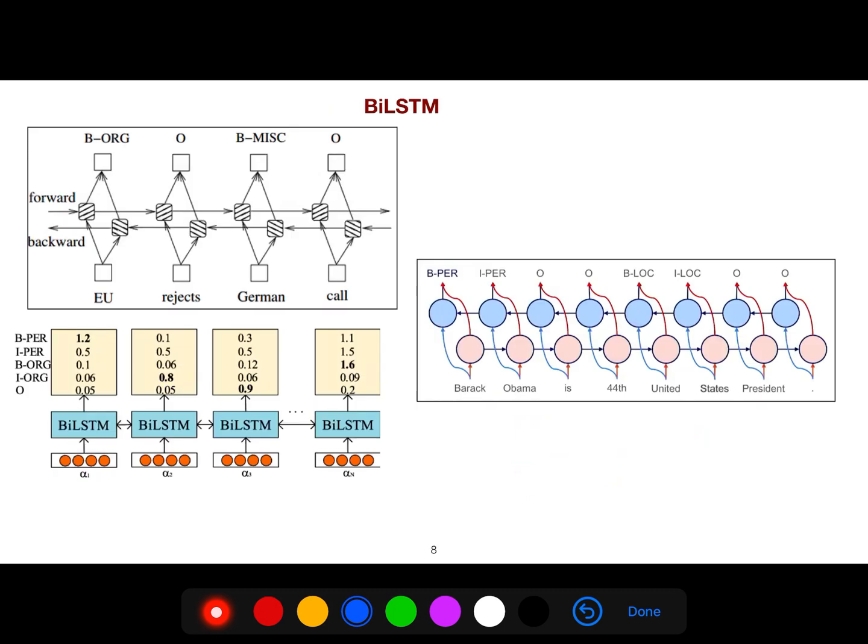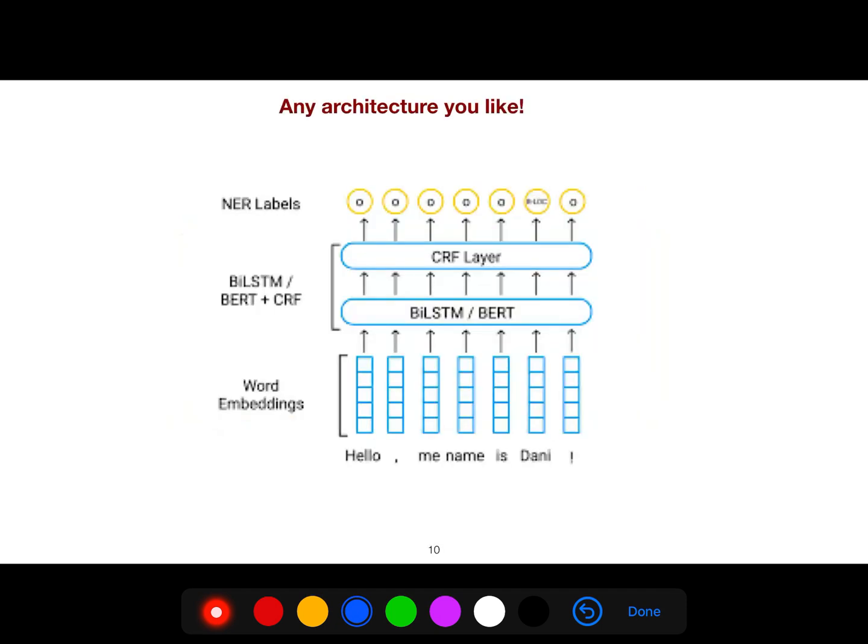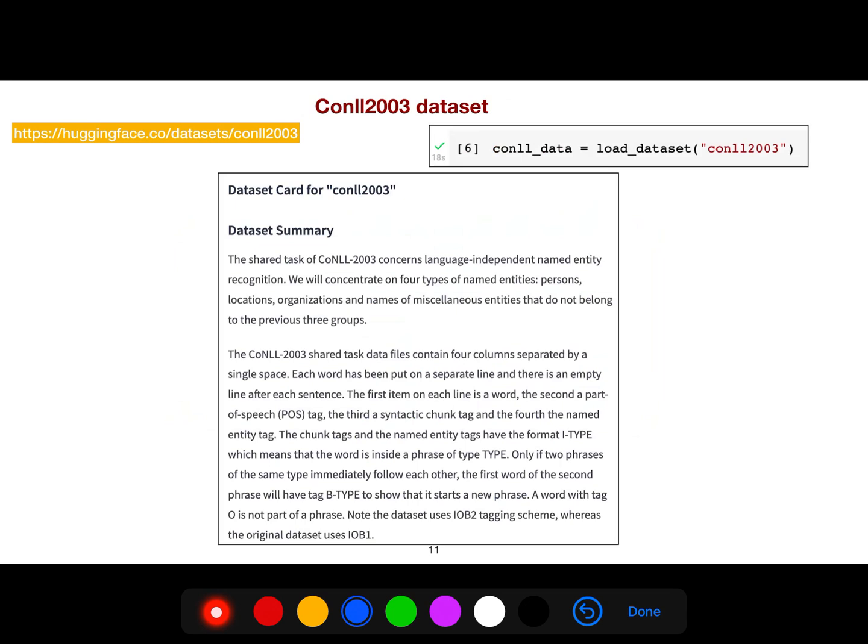And BiLSTM is a modern approach. So here we give it to the BiLSTM, and it provides these entities, and it recognizes these entities. You could use BERT as well. So any architecture that you like.